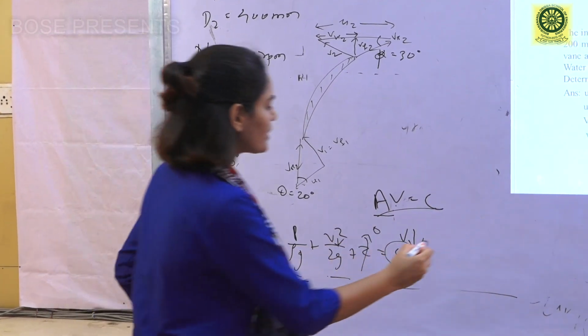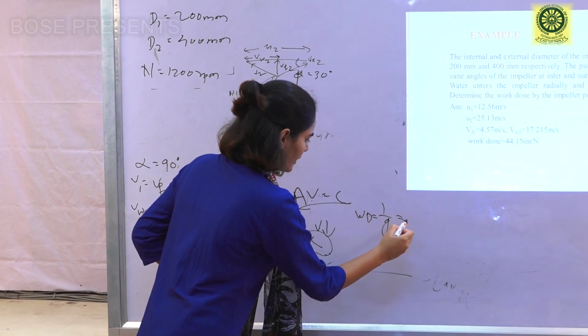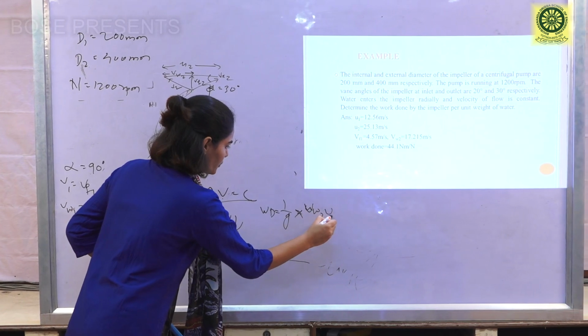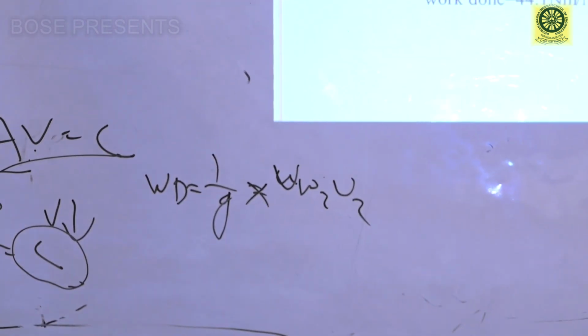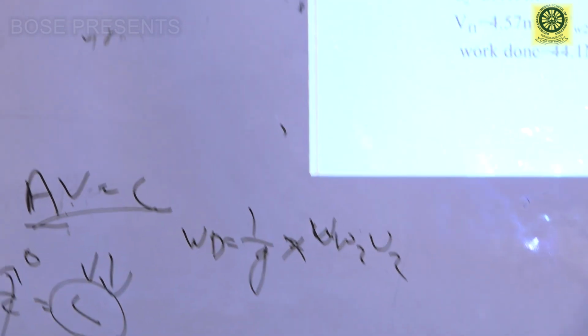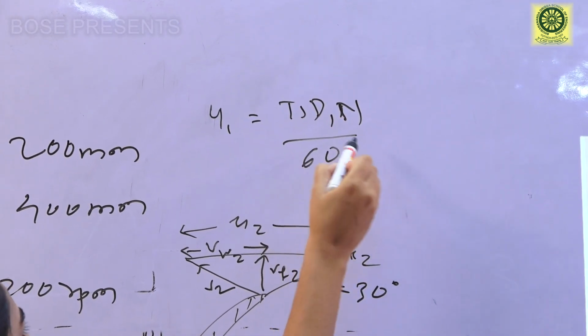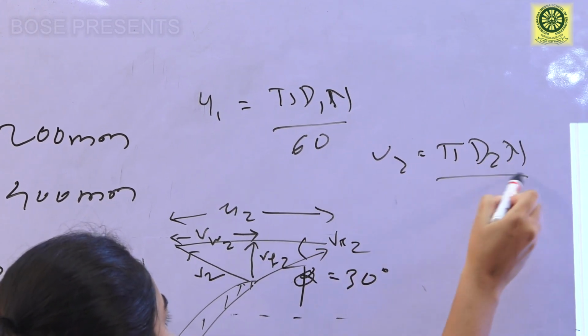As we all know, work done is 1 by g into Vw2 U2. We have to find Vw2 and U2. U1 and U2 we can easily find, because U1 will be pi d1 N by 60 and U2 will be pi d2 N by 60.